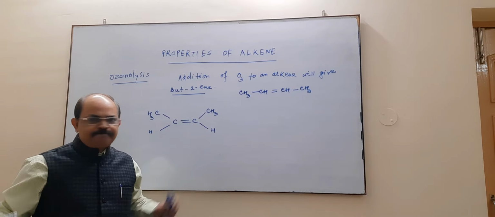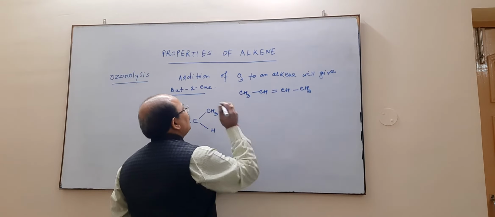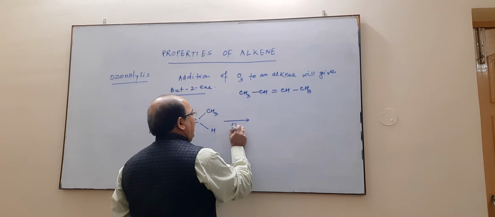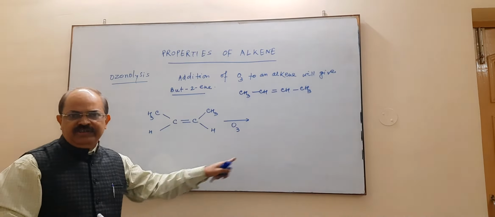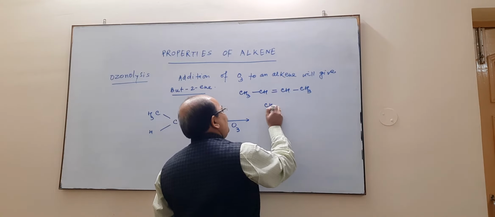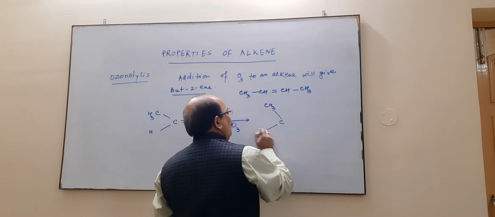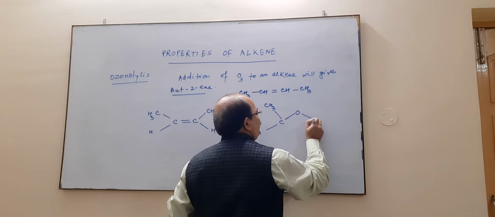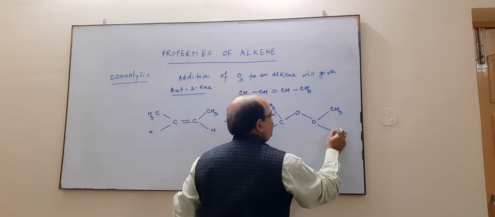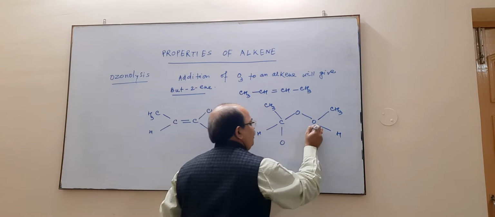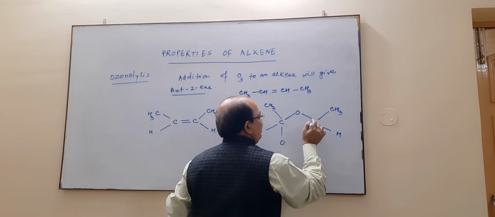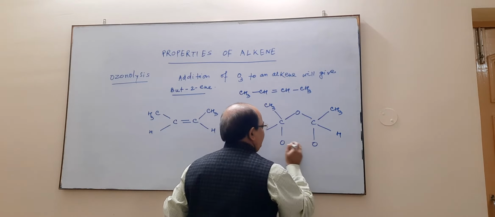It's very clear. Now we add ozone, O3, the formula of ozone. Then this will form your ozonide. Say this is CH3, this is H, this is oxygen, and this position is your carbon, and then this is oxygen.